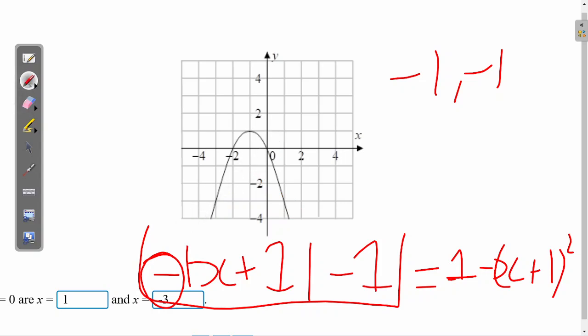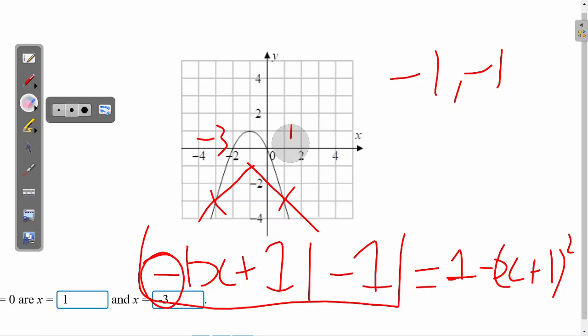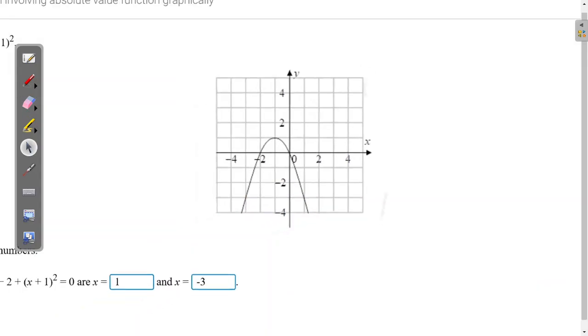Okay, like this. Now you can see there's two roots when they're equal. This one at -3 and this one at 1. Okay, so that's the correct answer.